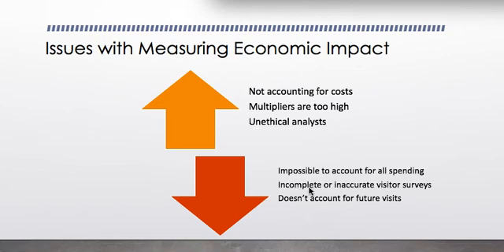There's also some underaccounting that can occur in economic impact studies. It's impossible to account for all the spending that occurs surrounding a sporting event, right? You can't possibly survey everyone, and there's no way to predict all of the spending that occurred if you can't talk to every individual, right?